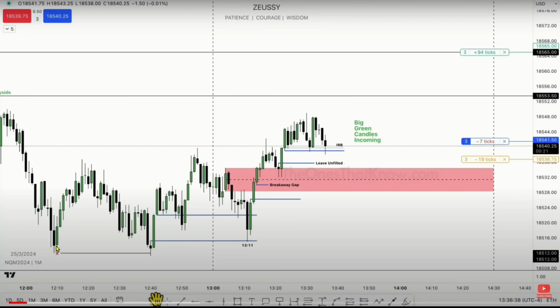Okay, let me explain. I described earlier during this lecture the 90-minute cycles that we have. And the first 90-minute cycle for the afternoon session is 11:30 to 1 p.m. If we divide that 90-minute cycle by 3, we get 11:30 to 12, 12 to 12:30, and 12:30 to 1. If we pay attention to the low of 12 to 12:30, we can see that it formed right here.